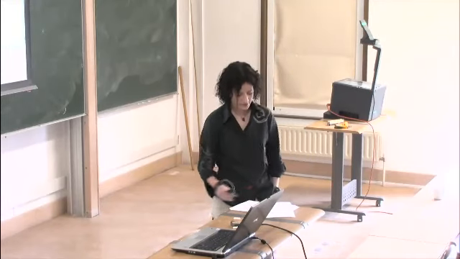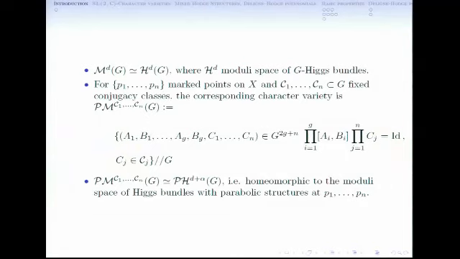Another direction is to consider more marked points and then fix the conjugacy classes of the representations of the loops around the points. Then the corresponding character variety is what I call a parabolic character variety, which is this one.